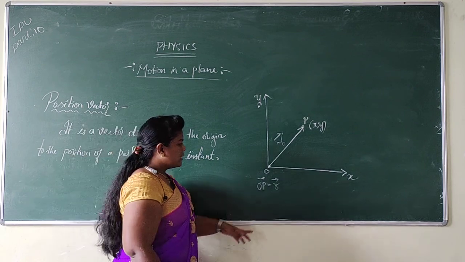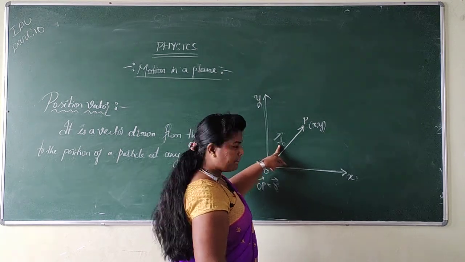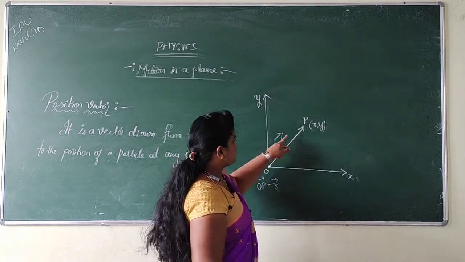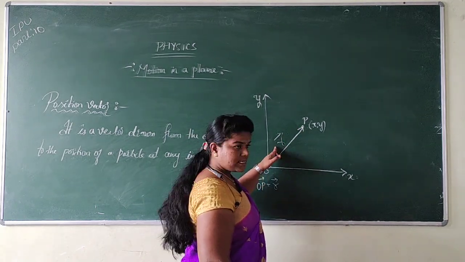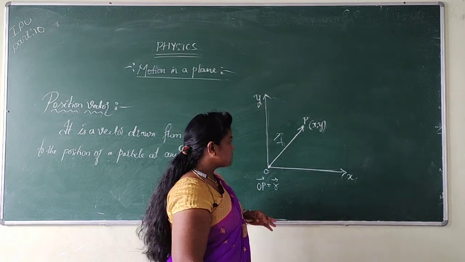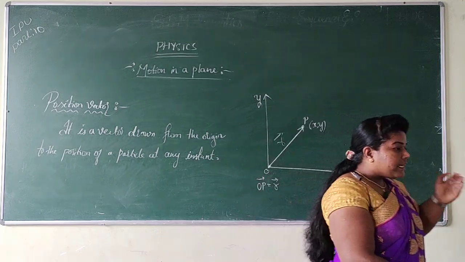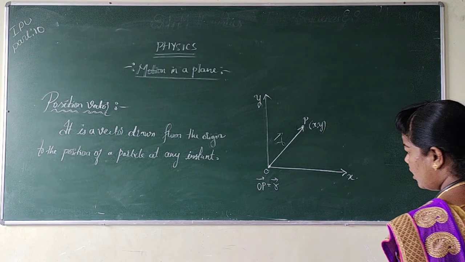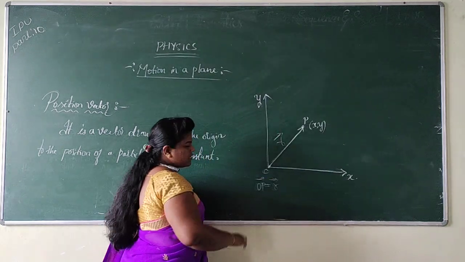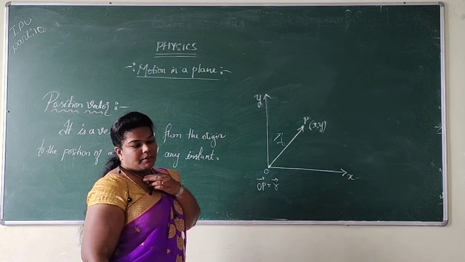It means, dear students, vector R is a position vector, whereas this position vector represents the position of a particle, as well as the direction in which the particle is moving, and also gives the straight line connecting the origin and the position of that particular object. How to write this R vector?